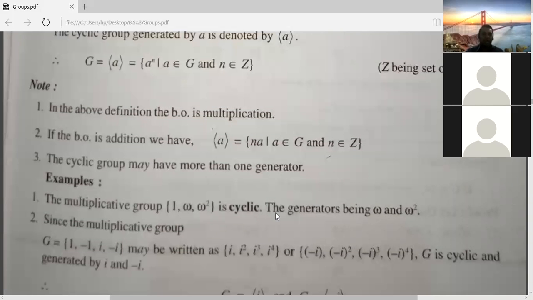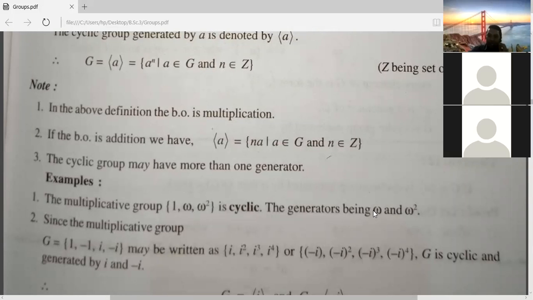Now the multiplicative group: what are we taking? One, omega, omega square. This is the group of cube roots of unity, and it is cyclic. Here the generators are omega and omega square, because you can express 1 as omega cubed, and the other elements as omega to the power 1 and omega to the power 2.